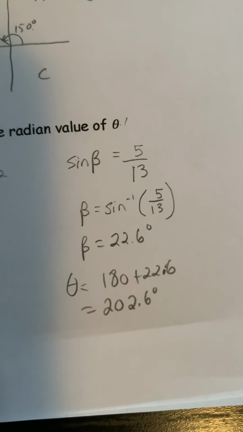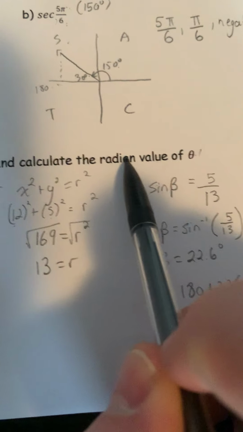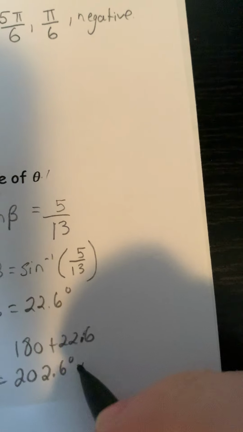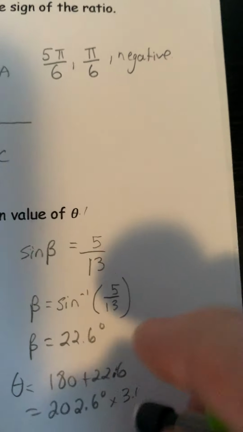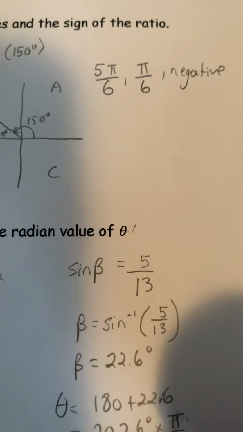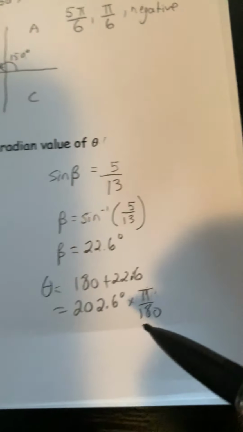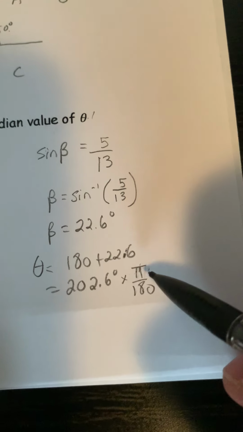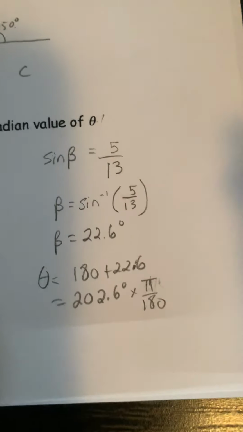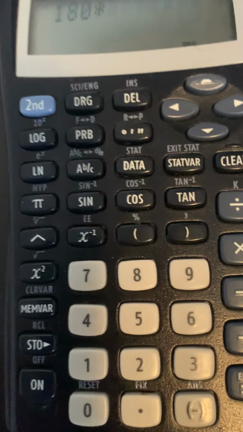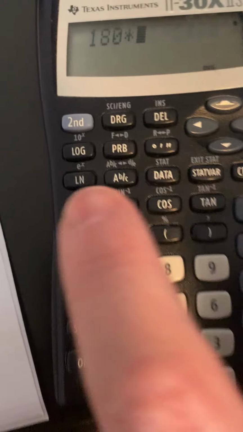Lastly, it wants the radian value. Since it's a decimal, we're going to go 202.6 times pi, which is 3.14, divided by 180.